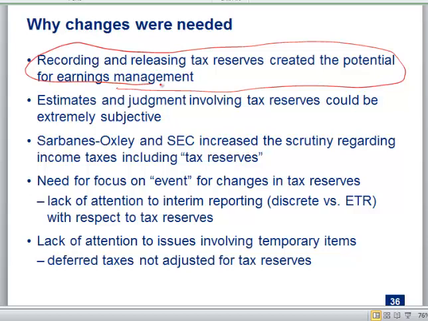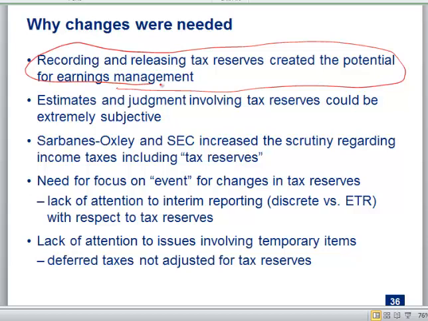You could never say that now. That just shows you how times have changed. Back in the mid-90s, if you had a big reserve sitting on your balance sheet, it was like a rainy day fund. If some exposure popped up, you'd say, oh, I got a reserve for that. I didn't know I had a reserve for that, but I had a reserve for something.